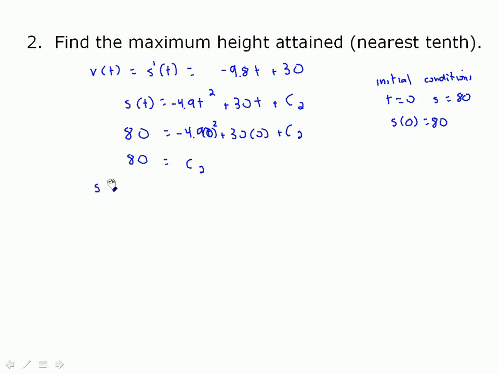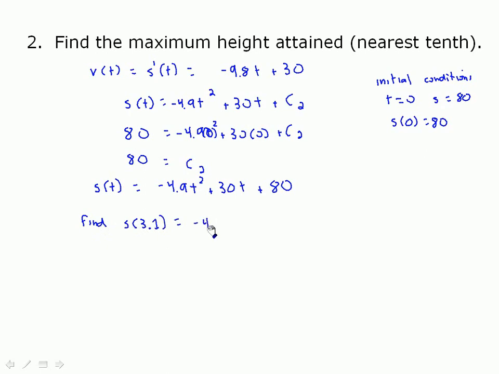So the position function looks like this: s at t is equal to negative 4.9t squared plus 30t plus 80. And we want s at 3.1, so its position when it's at maximum height.